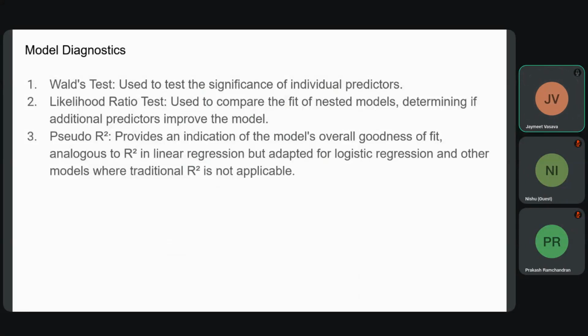The likelihood ratio is used to compare the fit of nested models, determining if additional predictors improve the model. And R square provides an indication of the model's overall goodness of fit, which is analogous to the R square in linear regression, but adapted for logistic regression and other models where the traditional R square is not applicable. So wherever R square cannot be used, pseudo R squares can be used for running the diagnostics.